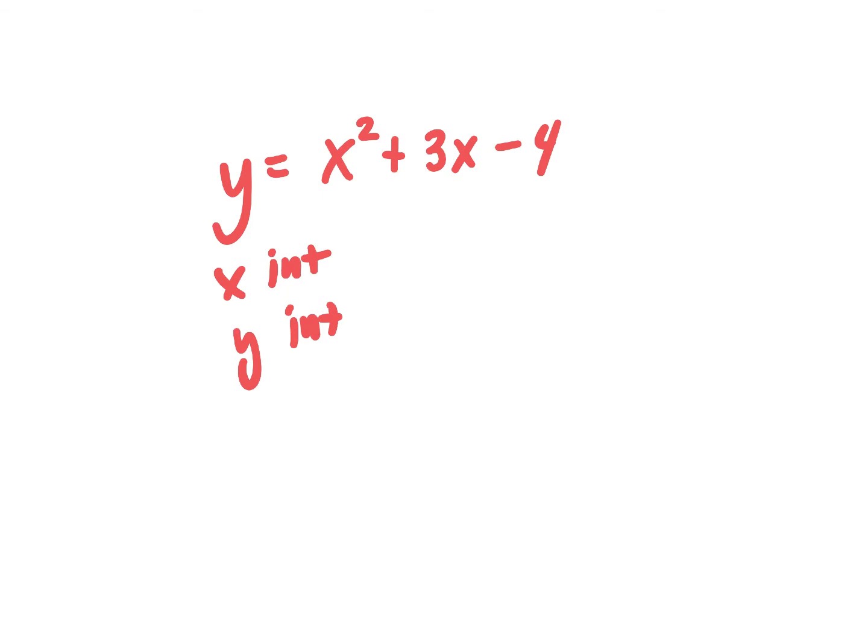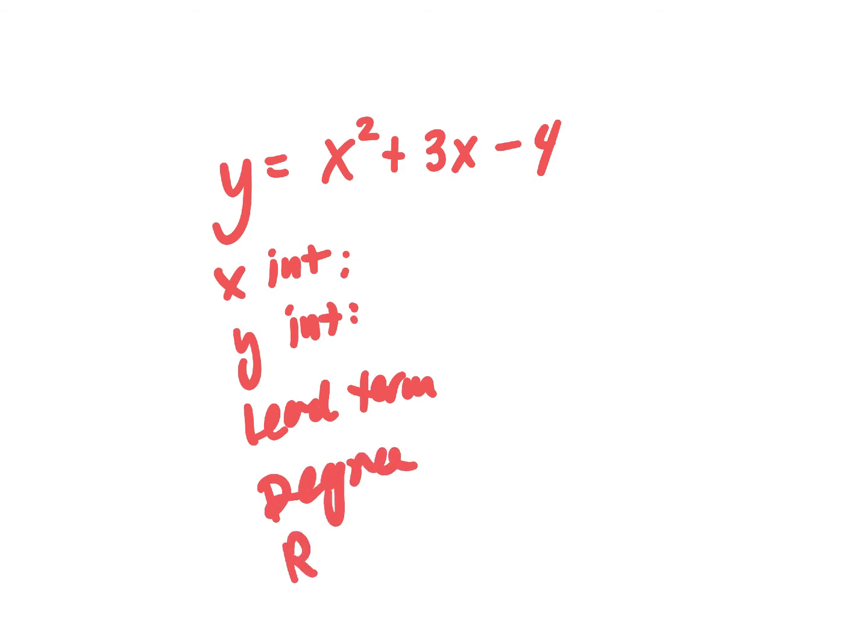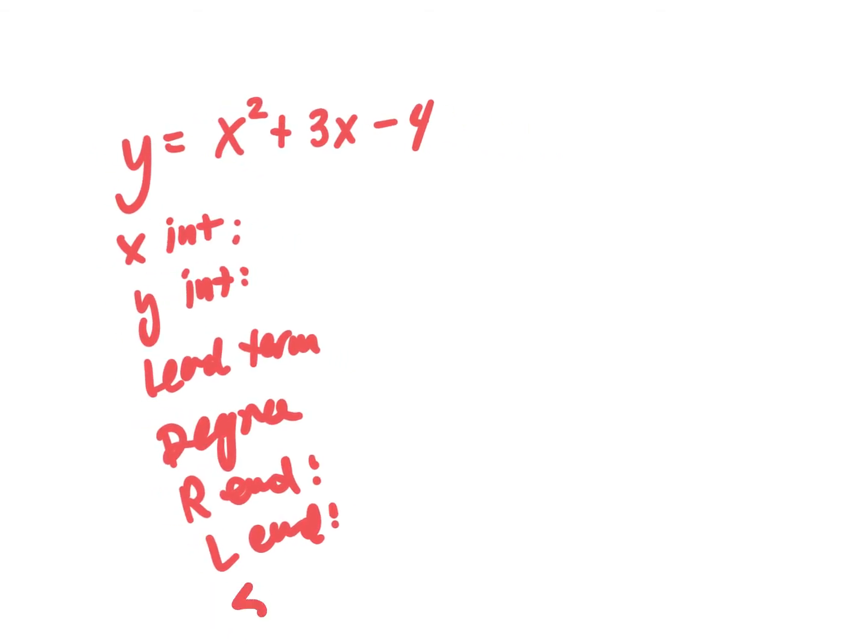Yep, that one should work. The y-intercept is where x equals 0, of course, so you can find the y-intercept. You should be able to tell me the lead term. You should be able to tell me the degree. You should be able to tell me the right end behavior, the left end, and you should be able to give me a little sketch of what it looks like. Let's see if you can.